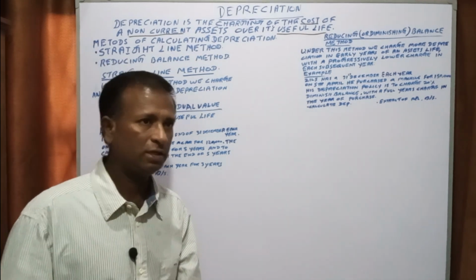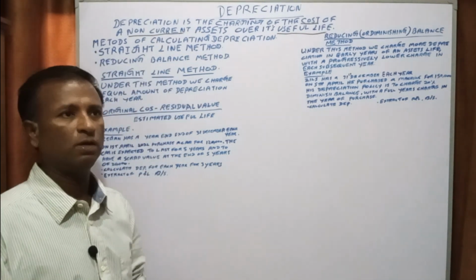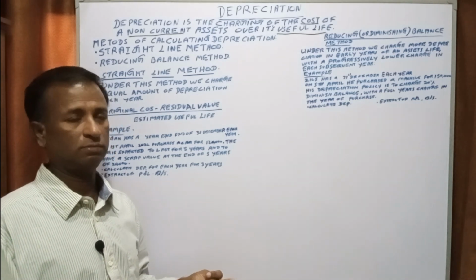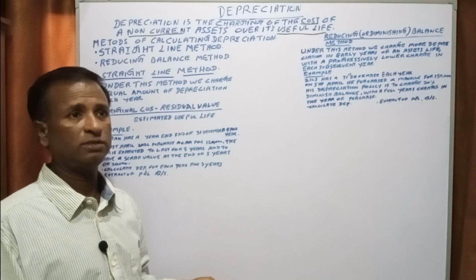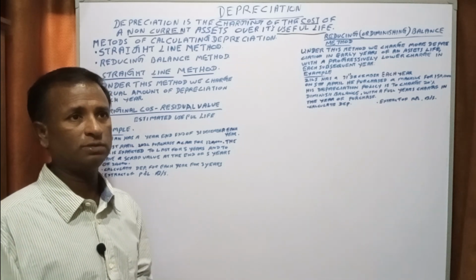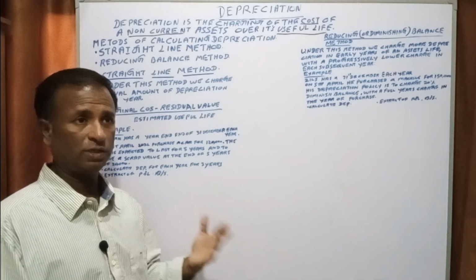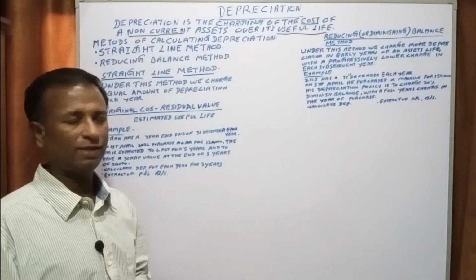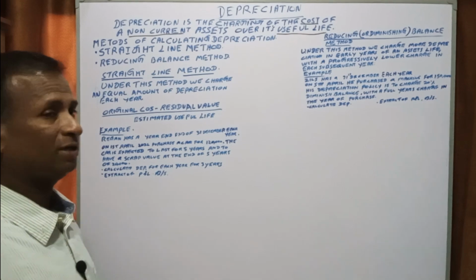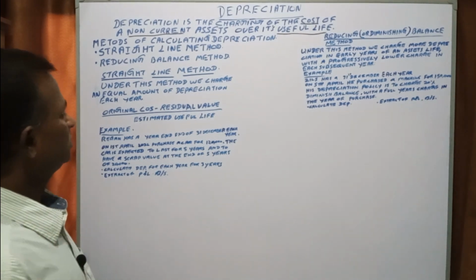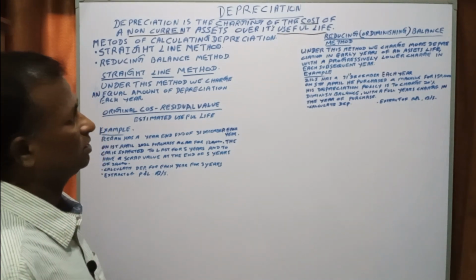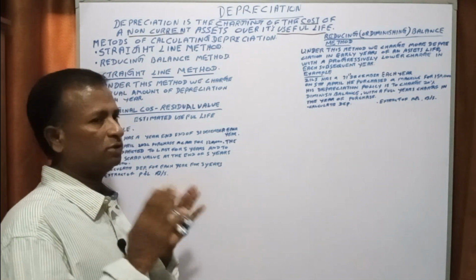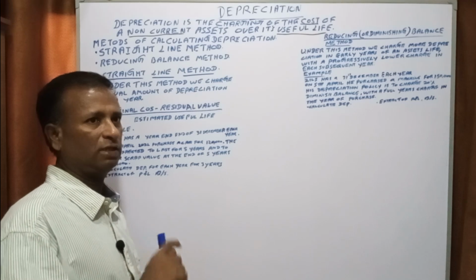What are the non-current assets? Land, building, machineries, equipments, motor vehicles, furniture and fittings, etc. Those are the non-current assets, over its useful life, in the sense its lifespan.